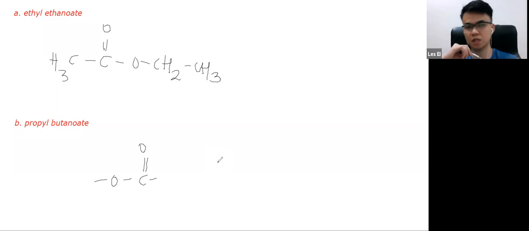For part A, both have to have 2C. Alcohol and carboxylic acid, each of them are 2C. For part A, any question? No, part B, do already.